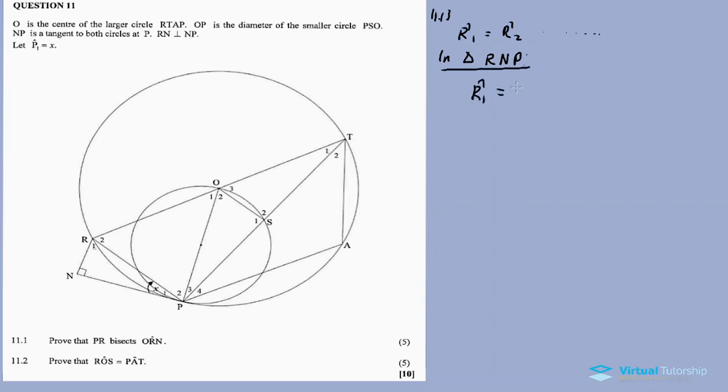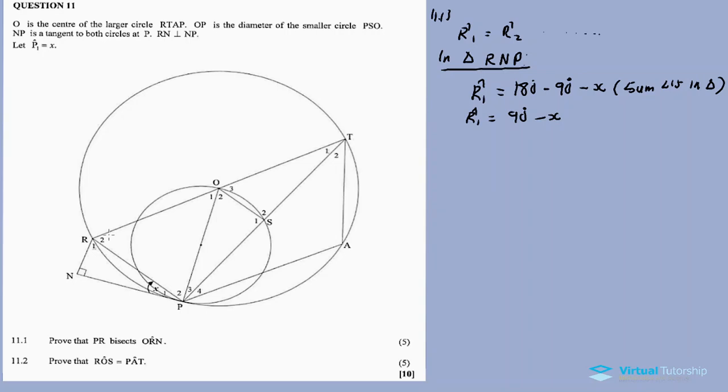R1 is equal to 180 degrees minus 90 degrees minus X. So angle N plus angle P1 plus angle R1 is equal to 180 degrees, the sum of angles in a triangle. So R1 in essence is equal to 90 degrees minus X.